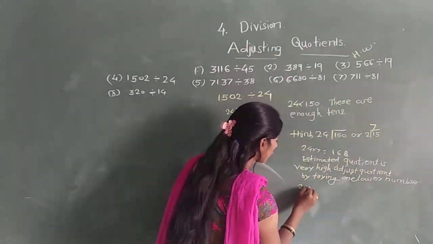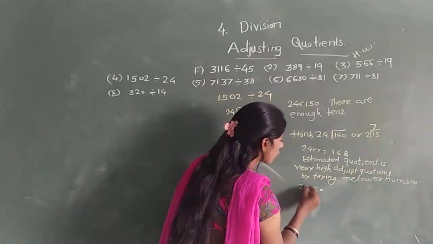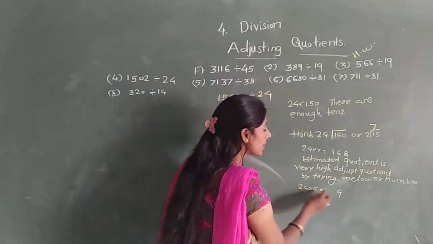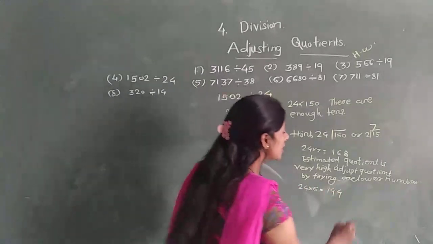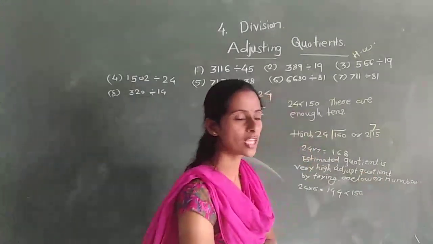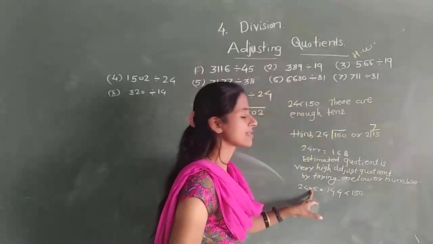Okay, so 24 into 6: 6 fours are 24. Carry over 2. 6 twos are 12 plus 2, that is 144, which is less than the product, that is 150. Okay, therefore the adjusted quotient is 6.